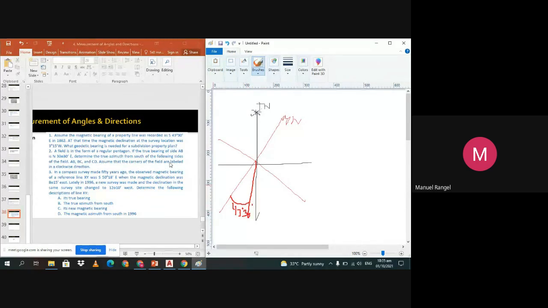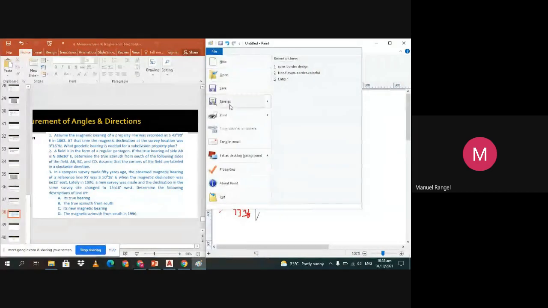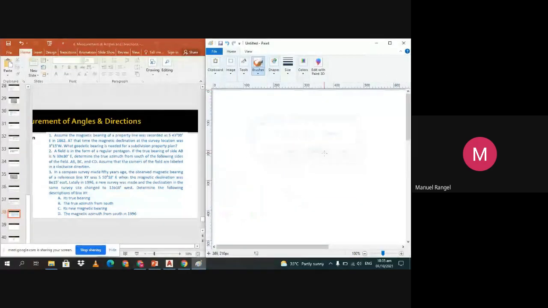At that time the magnetic declination at the survey location was 3 degrees 15 minutes west. Oh no, I made a mistake. Going to west is the declination. That is always from true north, to west.